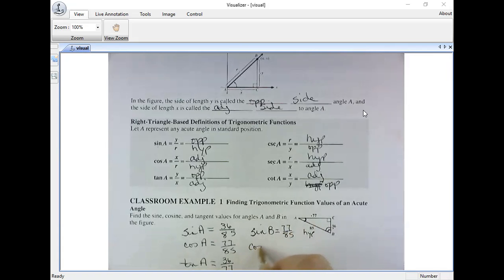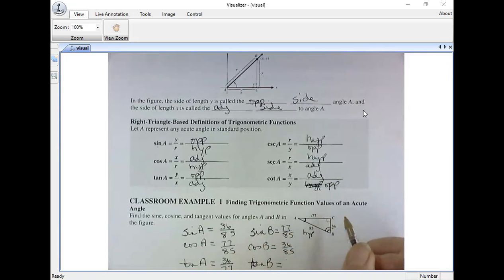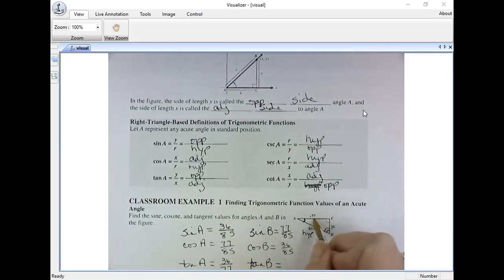And the cosine of angle B is 36 over 85, and then tell me about the tangent of angle B. For angle B, that would end up being opposite over adjacent, which is 77 over 36.